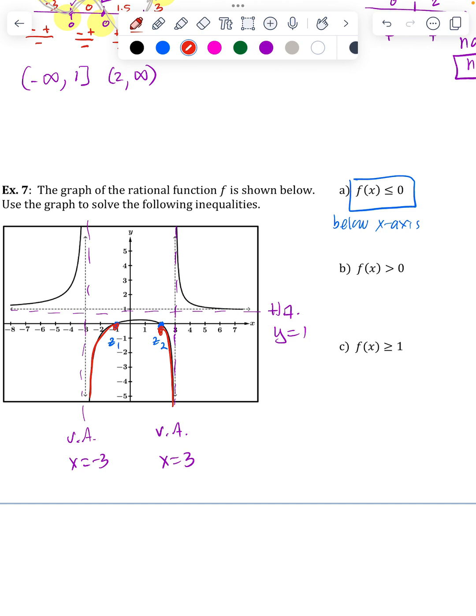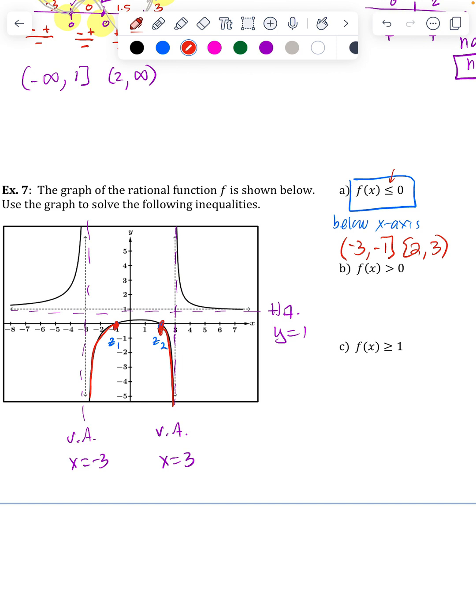So the way to write that is you're saying from here at negative 3, but not including that because it's a vertical asymptote, which is undefined, until I get to negative 1, which I am including because it says or equal to 0, and at negative 1 I have a 0. And then again, starting at positive 2, which is included because it's a 0, and going until 3, which is not included because it's a vertical asymptote.